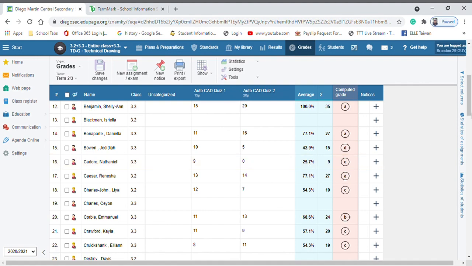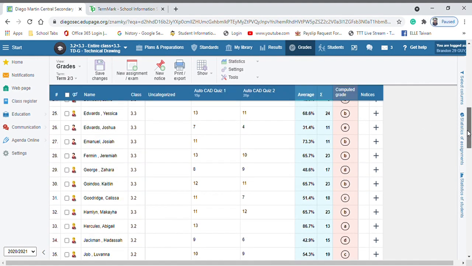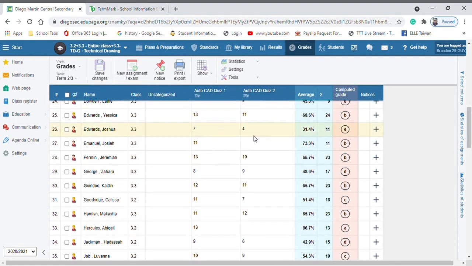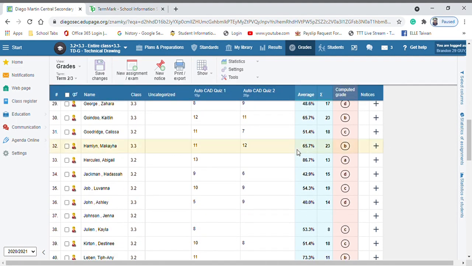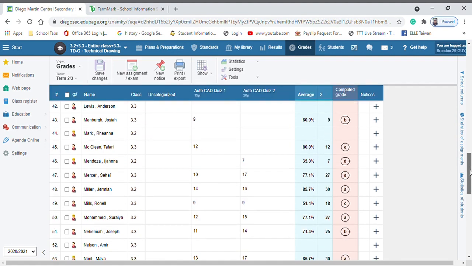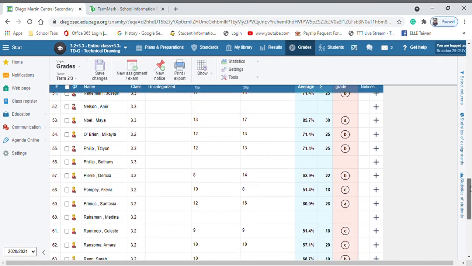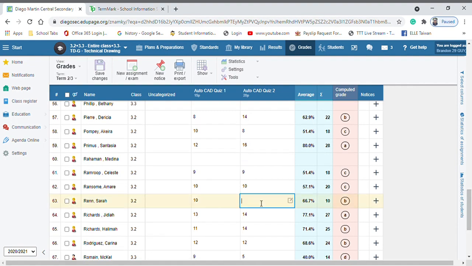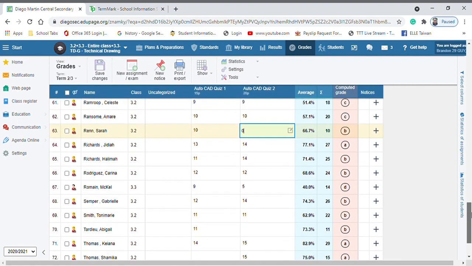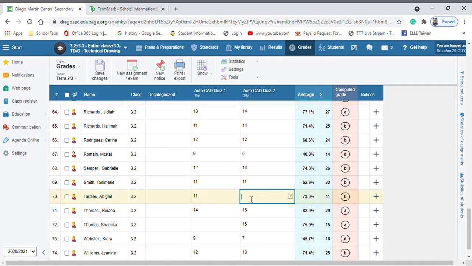So what I can do now is go through manually, and wherever I see a student who did not complete a quiz, I would enter 0. Alright, now we can do it in a batch, we can save in batch, so it's very easy. Alright, so I'm just entering zeros for all the students that did not attempt a particular quiz.